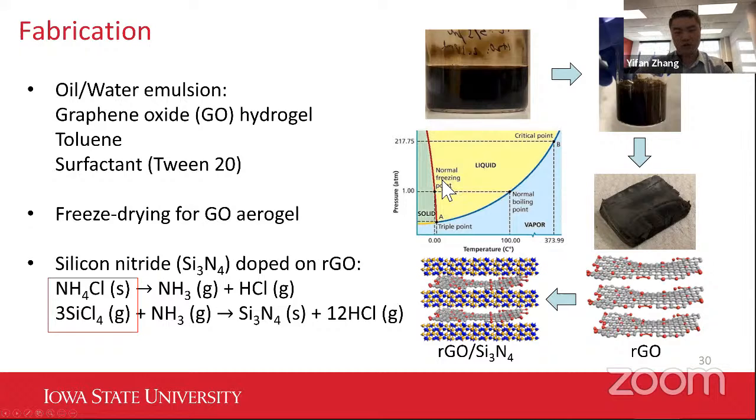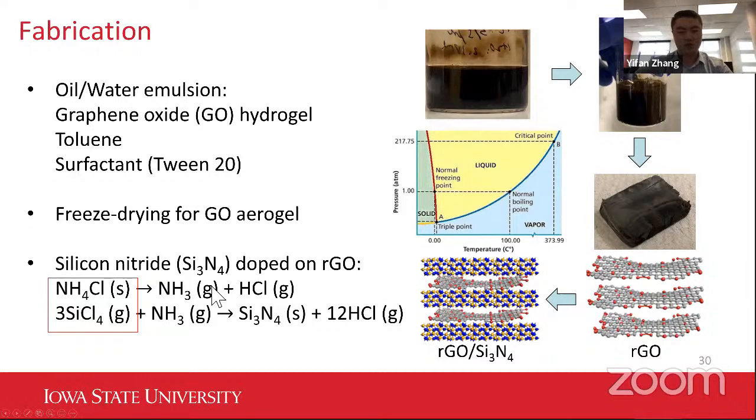And right now we have achieved a reduced graphene oxide aerogel. So this is the image right here. Probably in the next step, I would like to dope something on the reduced graphene oxide. This idea comes from one of the papers I recently found, where some scientists used silicon nitride, put some ammonium chloride and silicon chloride in a crucible, and did the same heat treatment with the reduced graphene oxide.